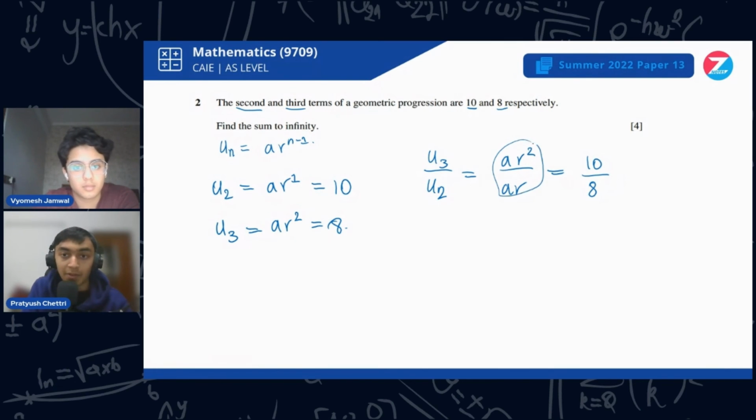And look at this, the a and a cancel, the r and r squared cancel, so r is equal to 10 by 8. So we know the third term is this, second term is this. What's the common ratio between them? That's all we're doing. So 10 by 8, same as 5 by 4. So that's our common ratio.